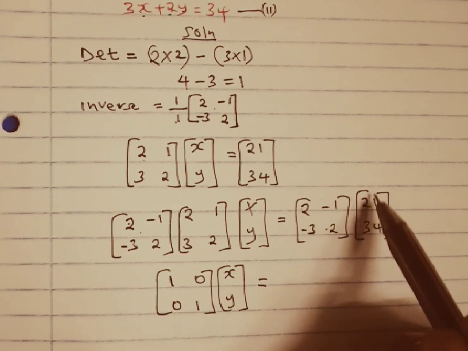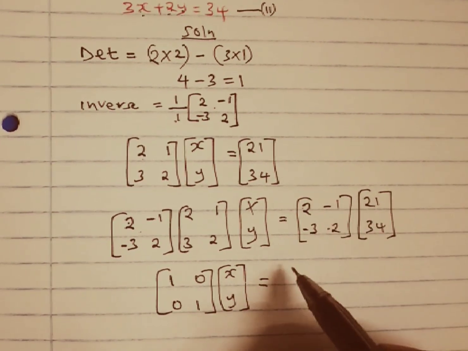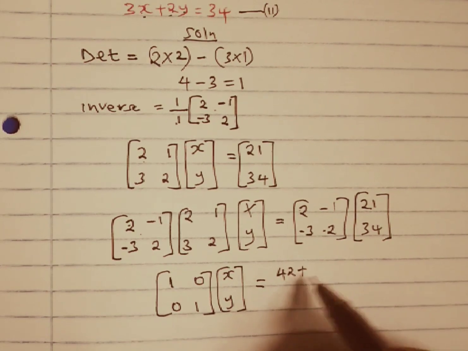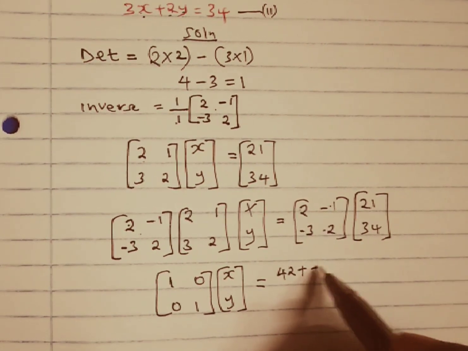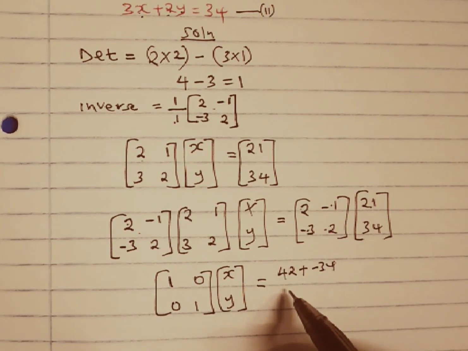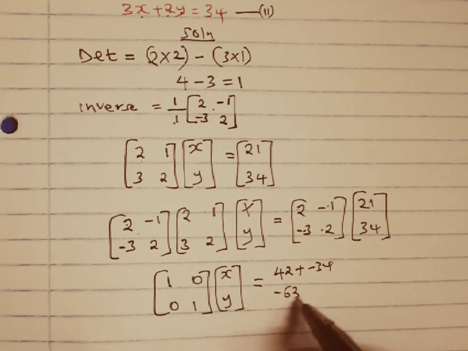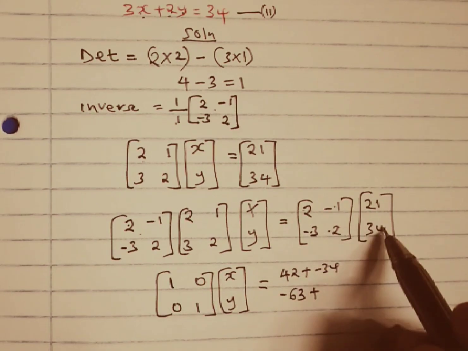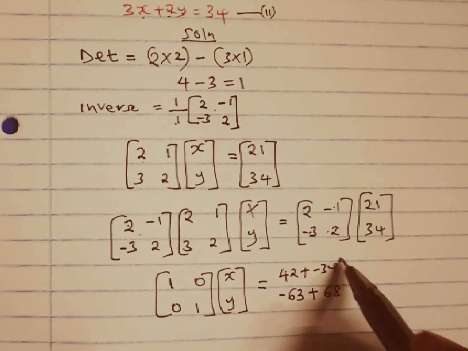We multiply row times column. 2 times 21 you get 42, plus negative 1 times 34 you get minus 34. Then negative 3 times 21 you get negative 63. We add 2 times 34, you get 68.